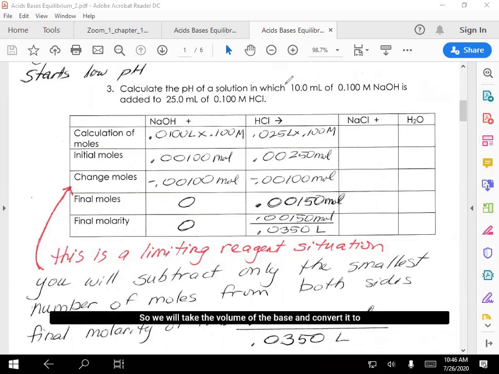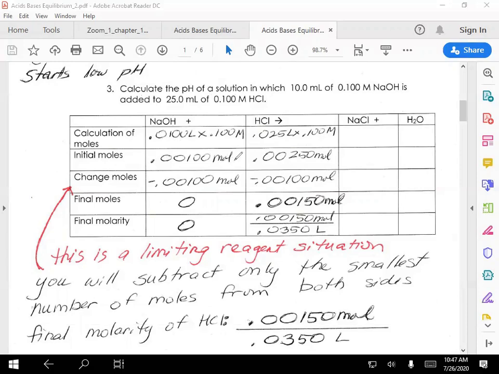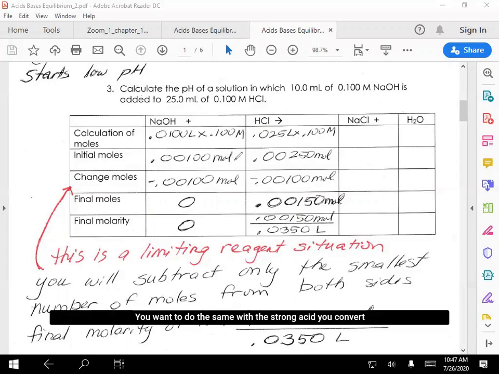So we will take the volume of the base and convert it to liters, multiply it by the molarity of the base, and the liters would cancel. And so you would get an initial moles of the sodium hydroxide. You want to do the same with the strong acid. You convert the milliliters to liters, multiply by the molarity. The liters would cancel and you would get moles of your acid.